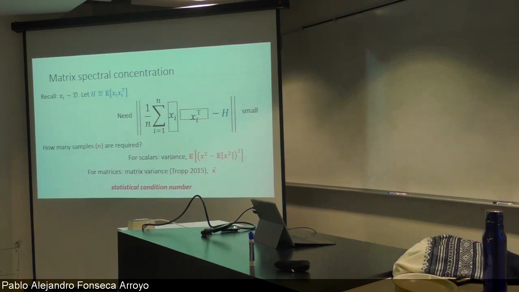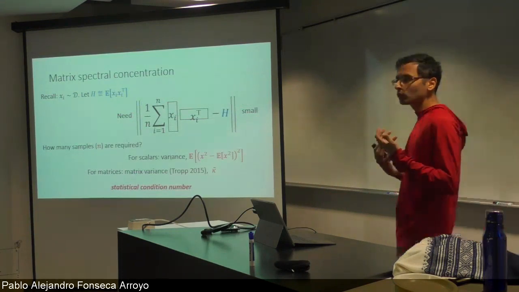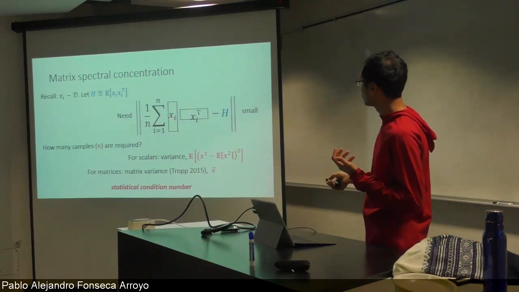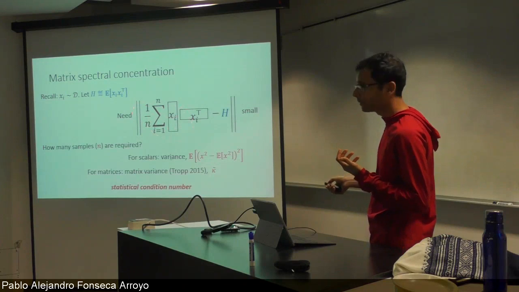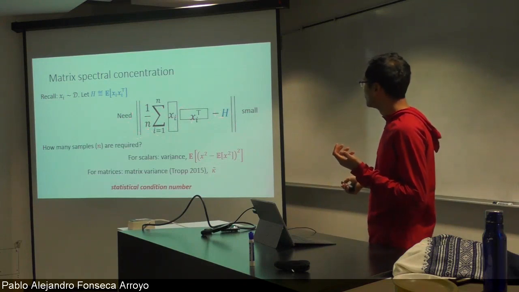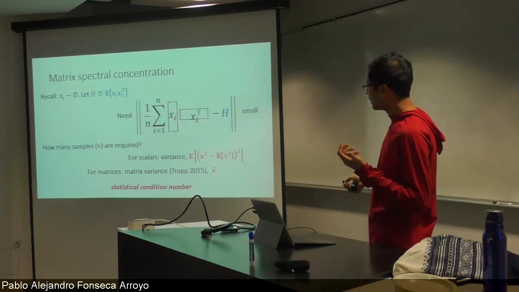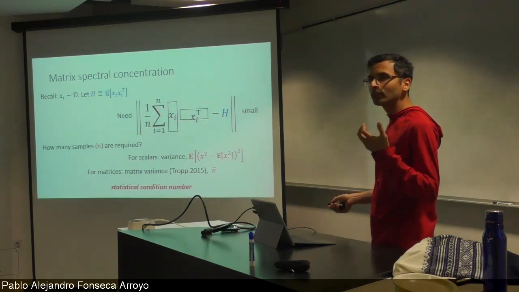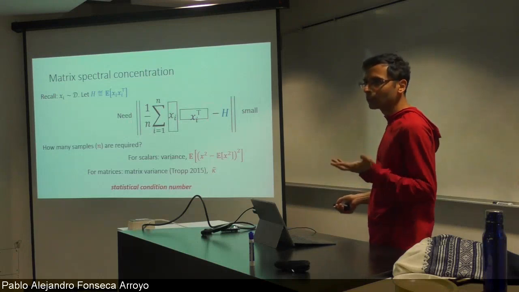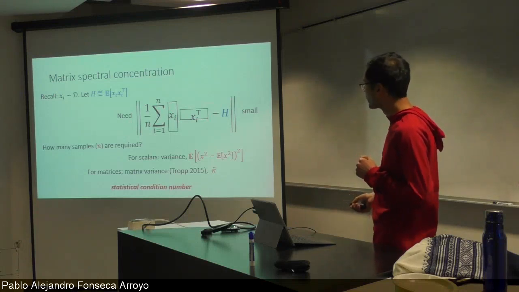The key property that we want from the samples is that the empirical covariance matrix, which is 1 over m summation x_i x_i transpose, has to be close to the true covariance matrix H. If it is close, then information theoretically we have enough information to recover W star, and if it is not close, then we don't.